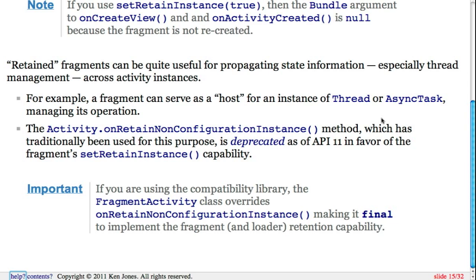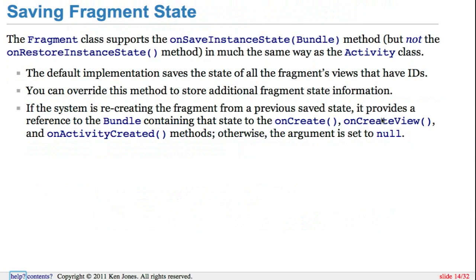In the FragmentActivity class, part of the compatibility package, it has been overridden and marked as final. The FragmentActivity is using it for its own internal purposes of retaining these fragments and loaders, and it doesn't want you messing with that. So if you're using onRetainNonConfigurationInstance, that is something you're going to have to change as you port code to use fragments.